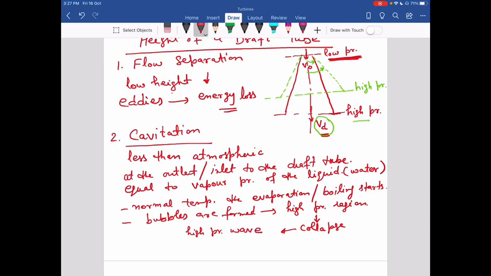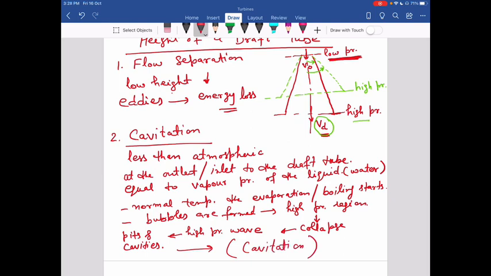So this wave strikes or collides with the surface and forms pits and cavities, or you can say that damages the surface where that wave strikes. So this phenomenon we call cavitation.